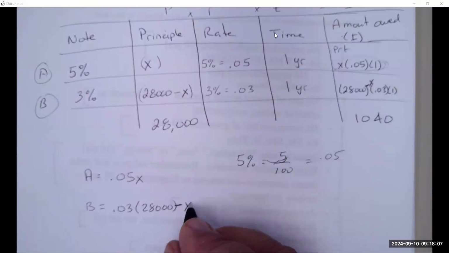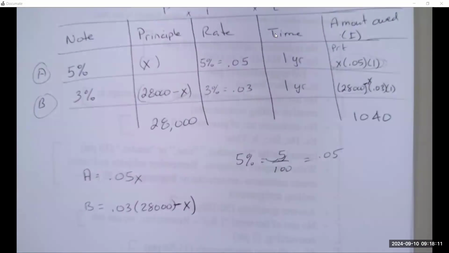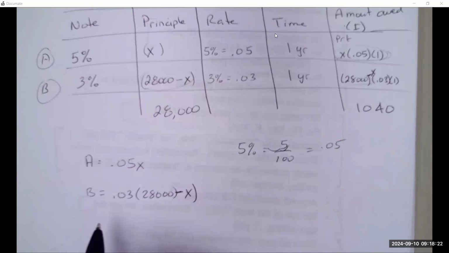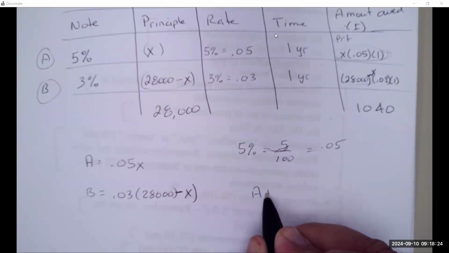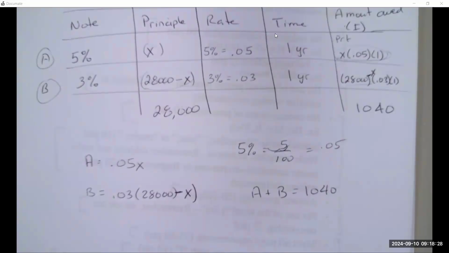Because it's this formula here that goes there. 28,000 minus X. So what do we do with these equations? A plus B has to equal 1040. That's the interest.